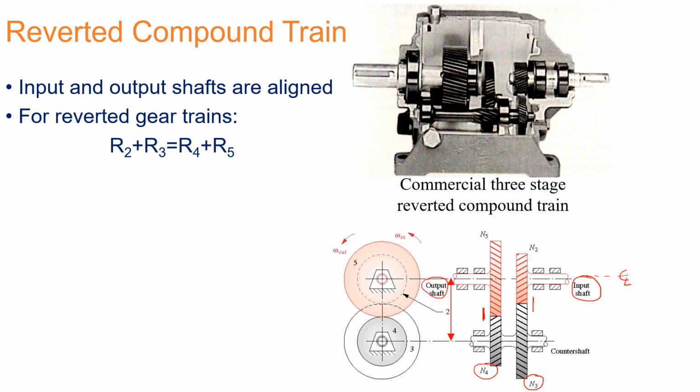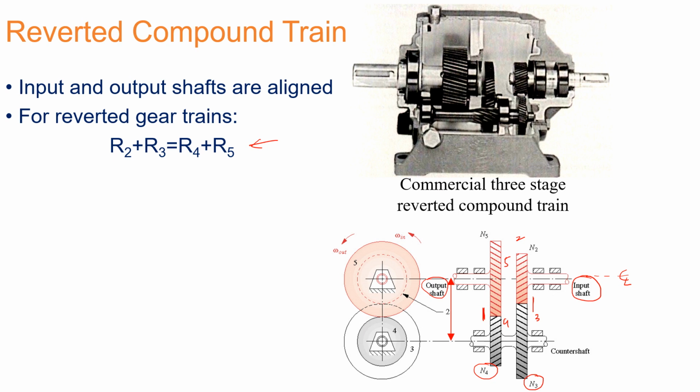Now this is going to create another constraint, and this constraint equation is written down over here. This says that R2 plus R3, the radii of gear number 2 and gear number 3, when added, are going to be equal to the radii of gear number 4 and gear number 5.